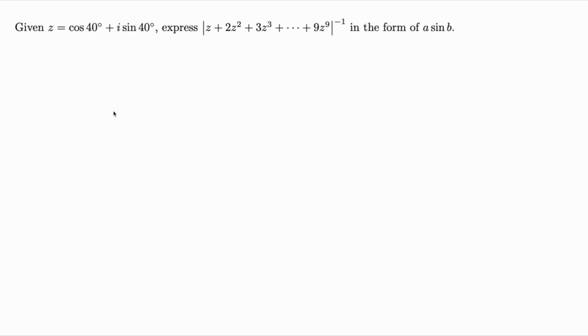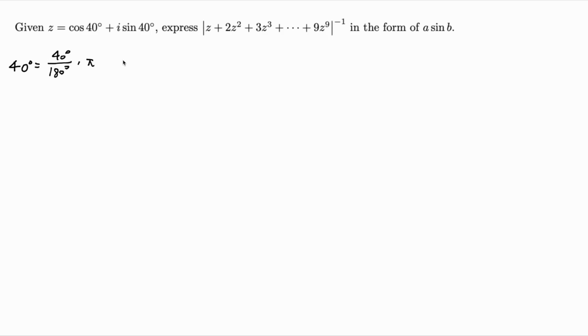Yeah, so first, I think what we can do here is let's first write our 40 degrees into radians. So we know that 40 degrees is equal to 40 degrees over 180 degrees times pi.